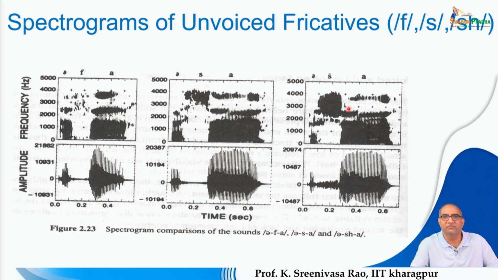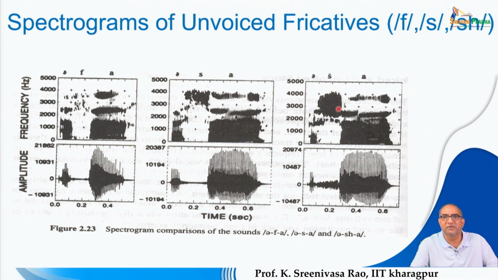Whereas if you see sha, you can see a more darker cloud or darker region at a very high frequency, and at low frequency there is no frequency content. It means that the low frequencies are present but with insignificant energy, while the high frequency content has more dominant energy.